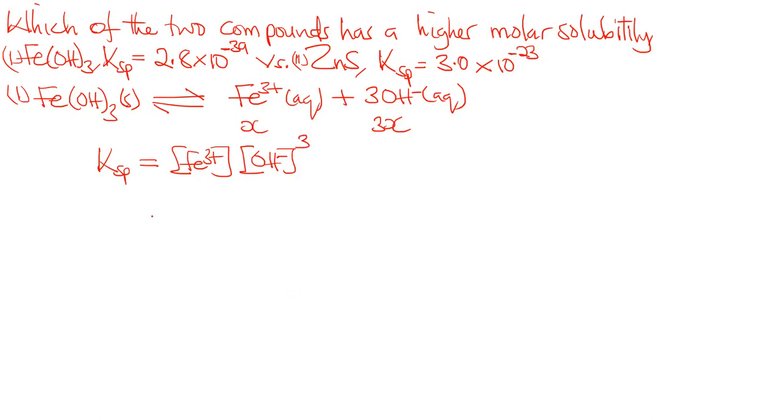What does this give us? And the KSP is 2.8 times 10 to the power negative 39.